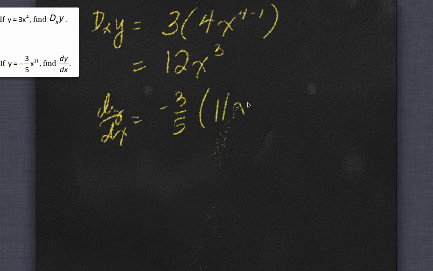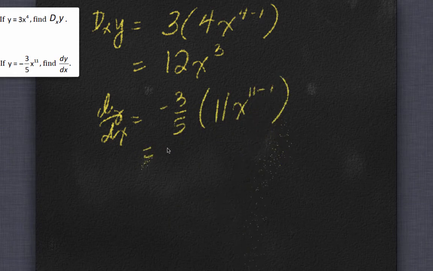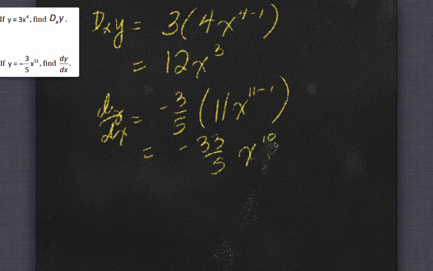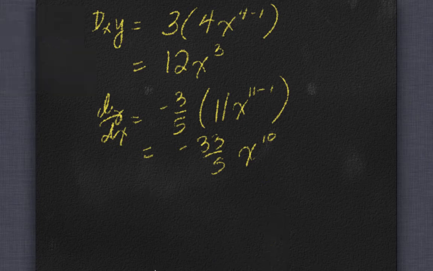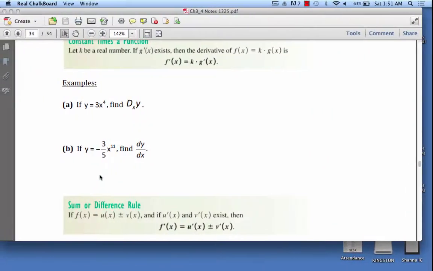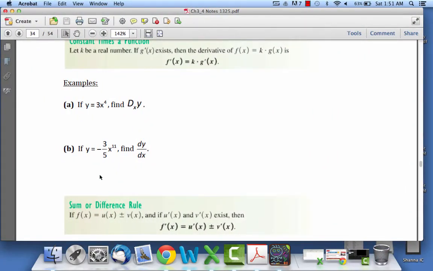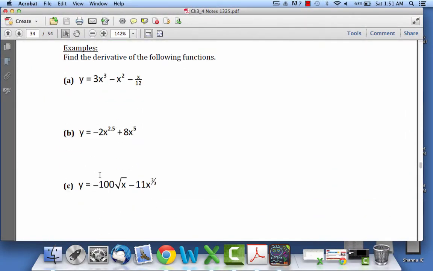Bring down the 11. And that one's done. But then, as I said, the sum and difference rules also apply. So if I have multiple pieces, I just take the derivative everywhere.